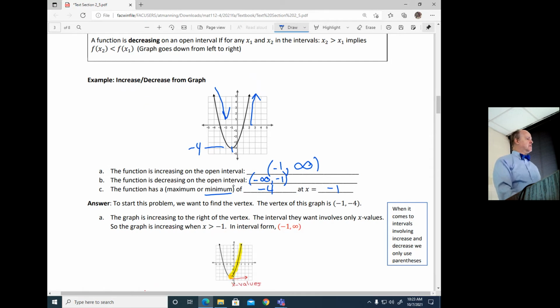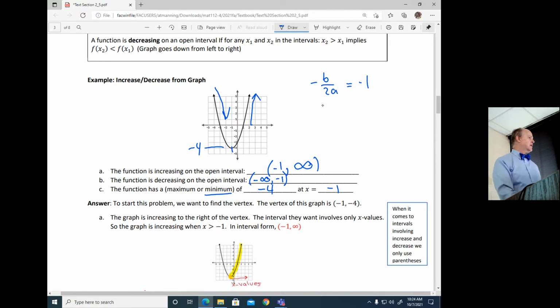But have you noticed, I know from this graph that negative b over 2a is going to be equal to negative 1. That is going to have a factor at equals 0 at negative 3 and 1.